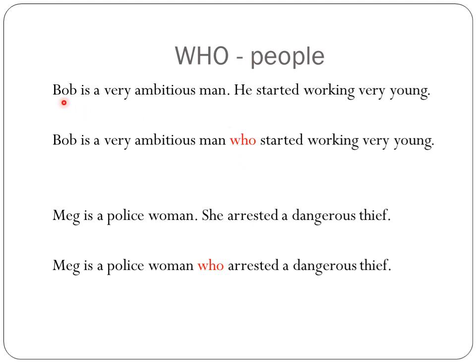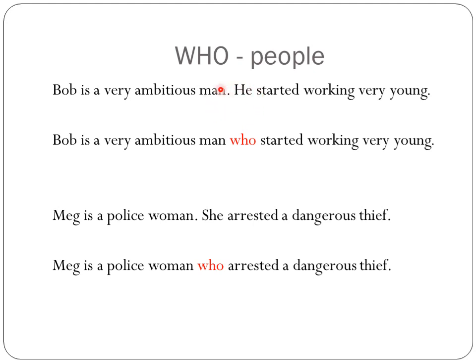Why? Because we have: Bob is a very ambitious man. He started working very young. First, we have to see which element in the two sentences is repeated. The element that is repeated in sentence 1 and 2 is he or man.